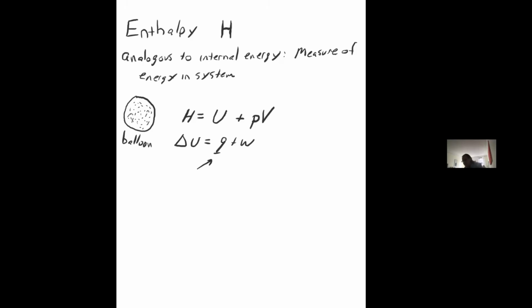We can measure this, and we can measure this. These are two things we can measure. We haven't talked much about how we measure Q yet, but we just looked at how we measure W in the previous example. Both of those can be measured, and since both can be measured, we can calculate this really easily.